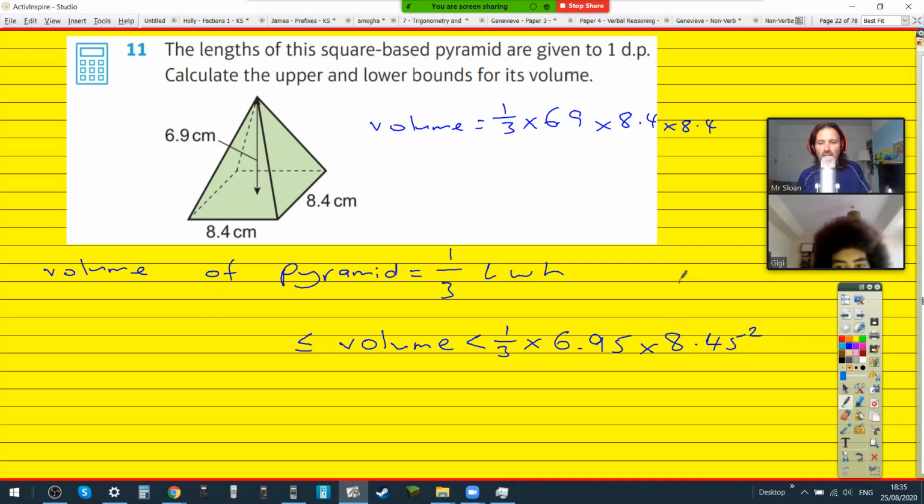Well done. That would give you the upper bound for the volume. And lower bound for volume? A third times 6.85 times 8.35 squared. Well done. Any questions about that? No.